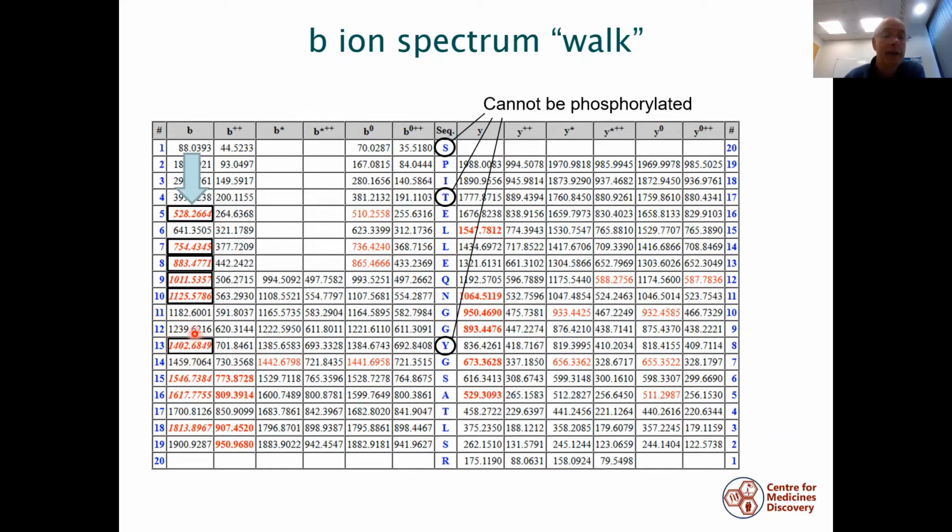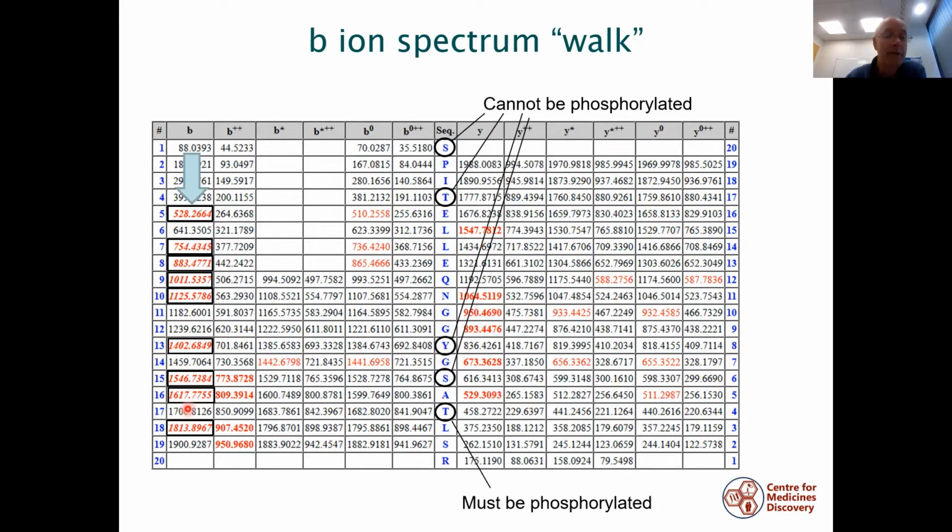This ion here tells you that tyrosine 13 also cannot be phosphorylated, nor can serine 15. Ion 16 tells you the same thing.